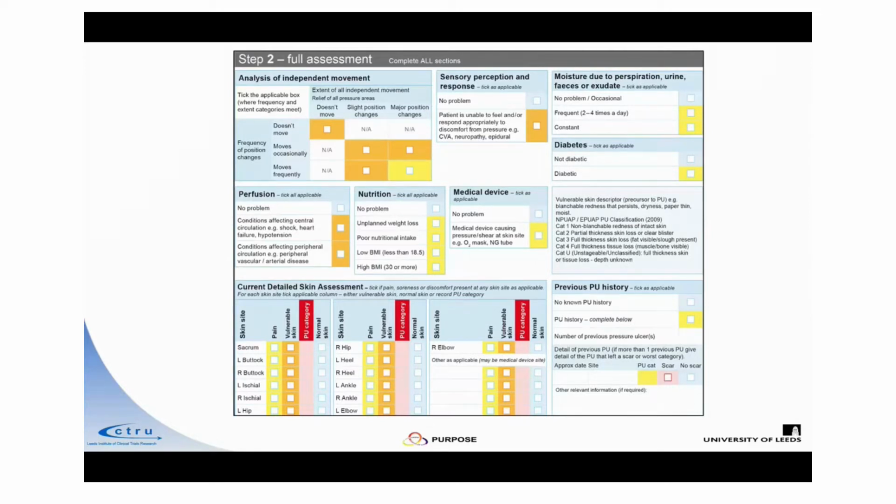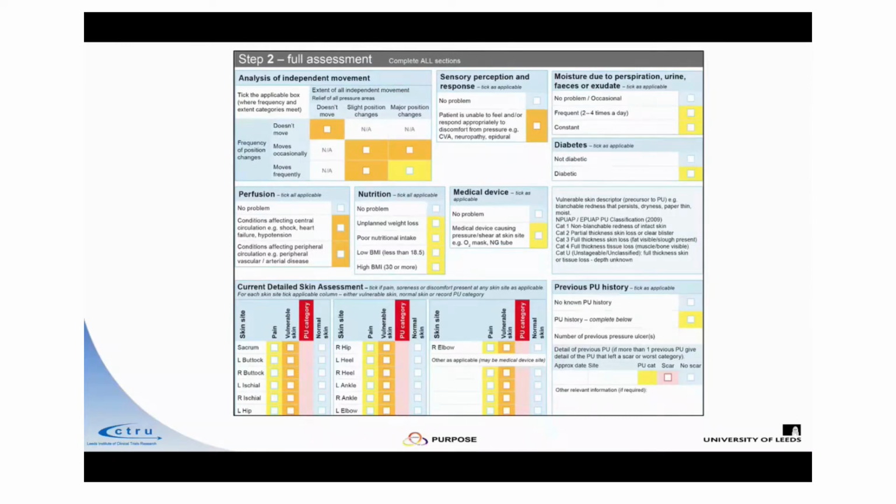And then the current detailed skin assessment notes the key skin sites that are usually an issue in pressure ulcers. But we do have patients who might have contractures or whatever and develop pressure ulcers in different or unusual places. So there are some empty boxes there for you to add to in the current detailed skin assessment section.